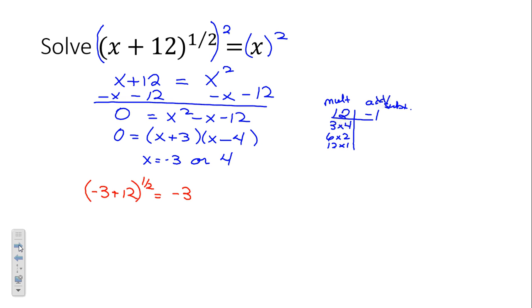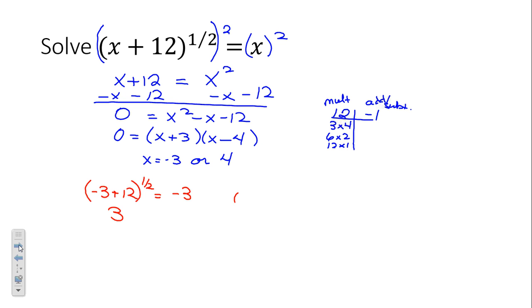What's the square root of 9? 3, right? Okay, plus or minus 3 usually we would say. But notice how when we think about that positive root, it doesn't make sense, does it? Okay, let's try the 4.